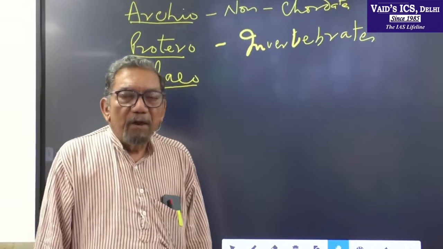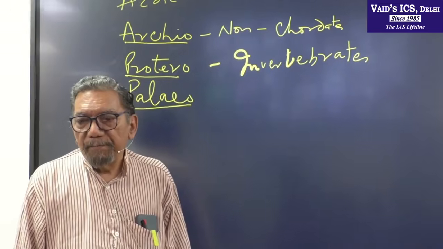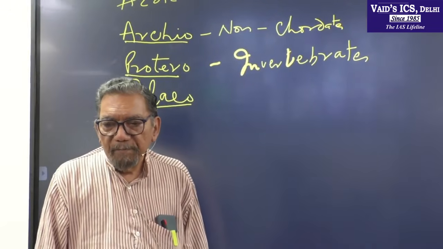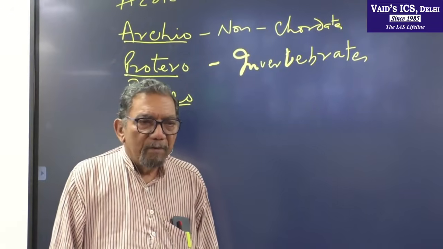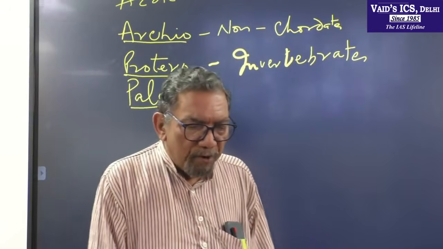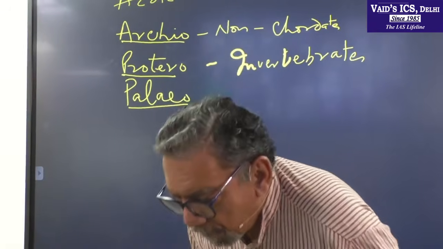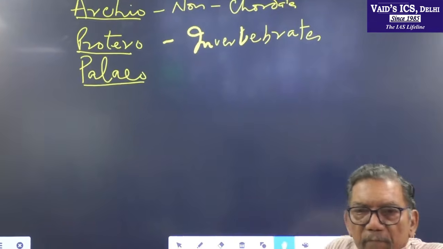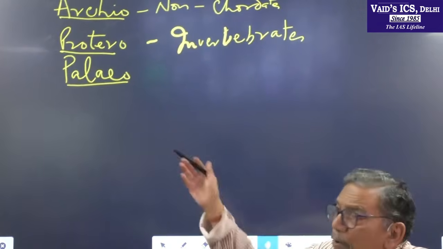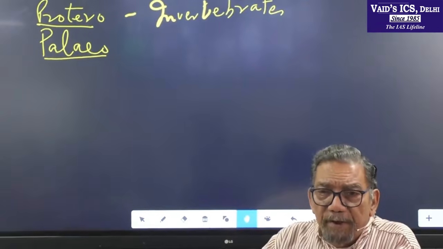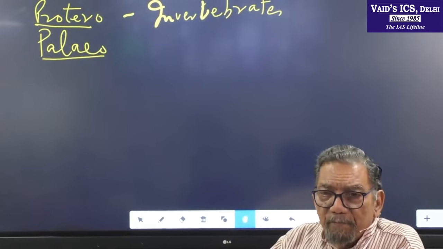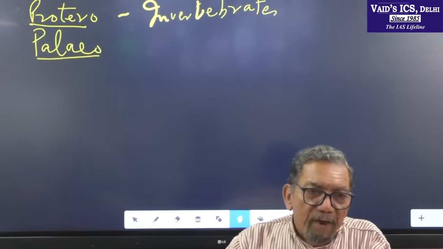Popularly known as the age of fish. What is the characteristic of fish? Now onward, all will have a bony structure. They breathe through gills. They have gill slits.